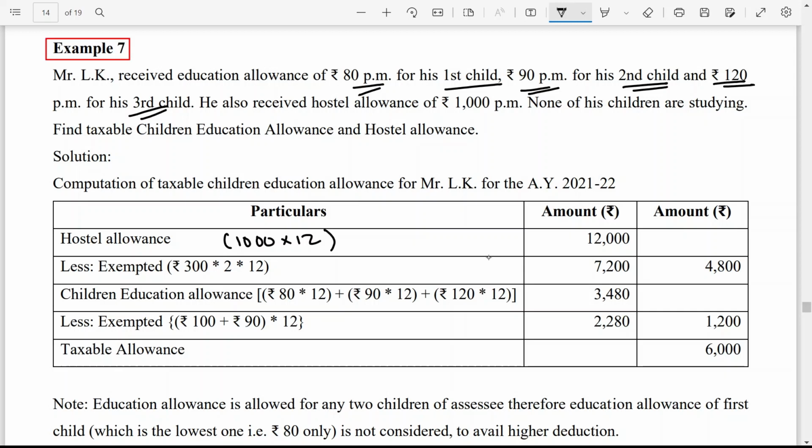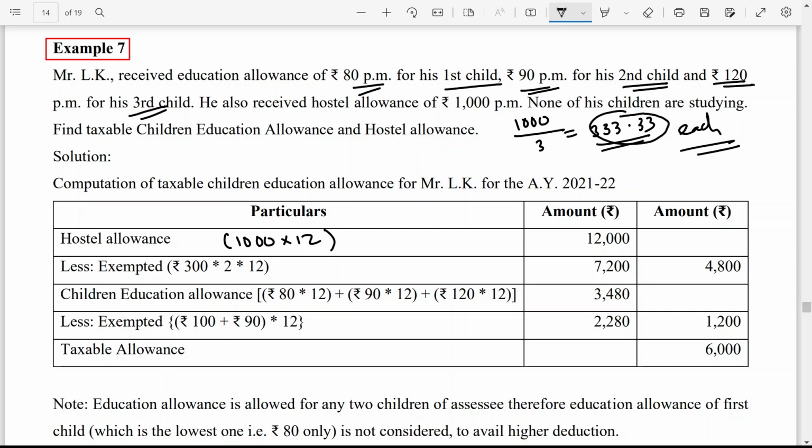Maximum limit is 300, but you have to find it out. 1000 per month, and he has three children, so you have to divide this by 3. So the amount is 333.33. That means for each child he is receiving 333. And what is the maximum limit in case of hostel allowance? 300. So this is more.